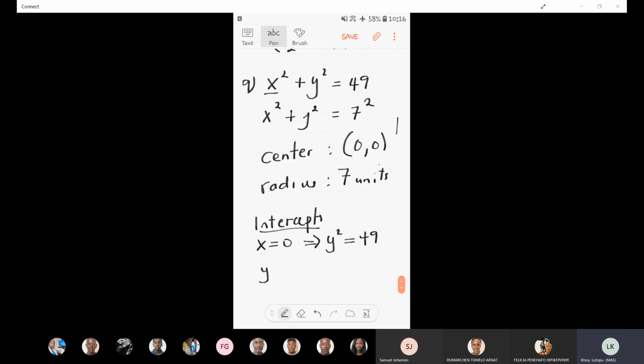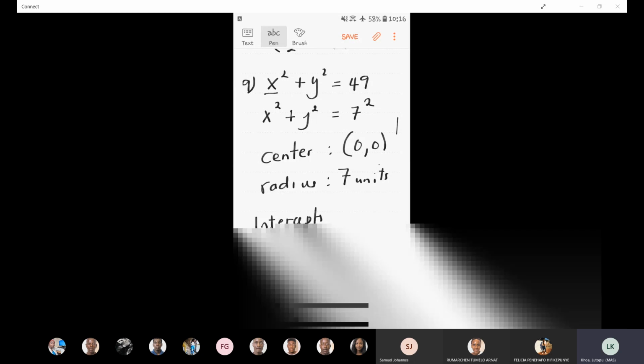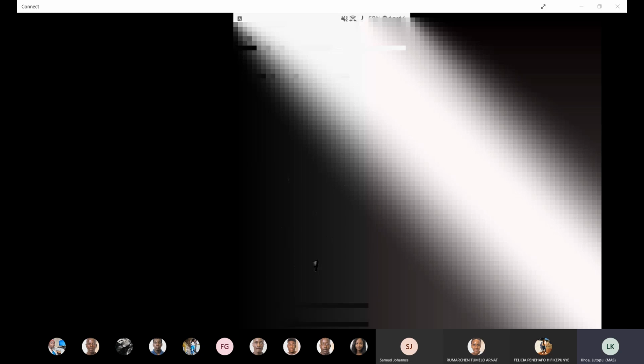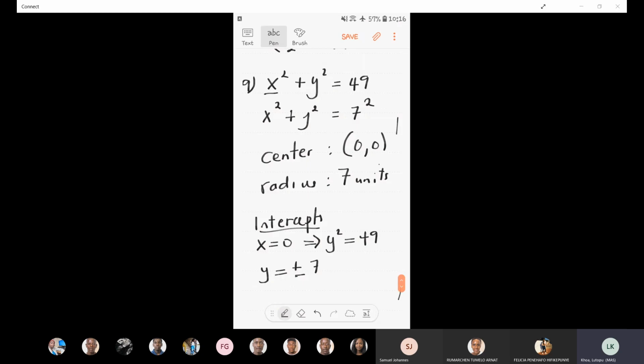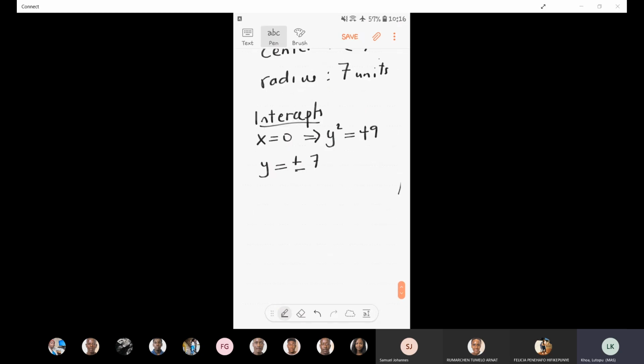This means that y is plus or minus 7. And then the same thing will be true when y is equal to 0. So when y is equal to 0, this means that x squared is equal to 49. And this means that x is equal to plus or minus 7.